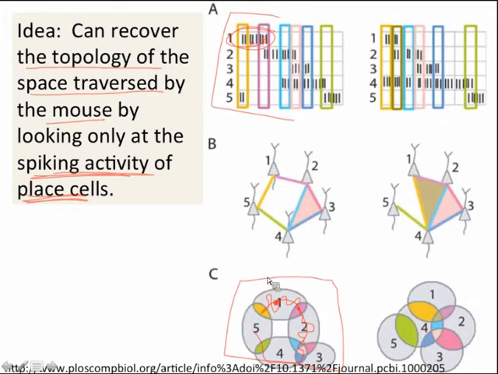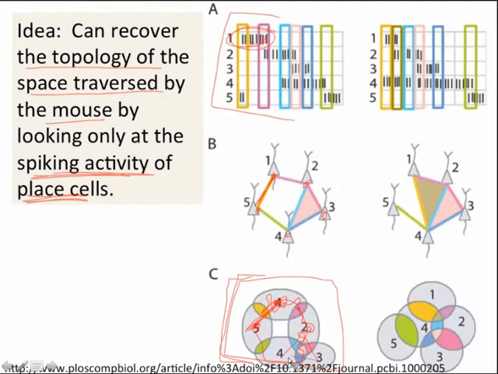Well, taking a look at this picture, it's pretty obvious what to do if you want to recover the topology. Every single place field can become a vertex. And if there is an intersection between two place fields, we can draw an edge.